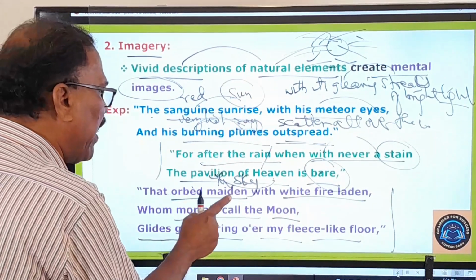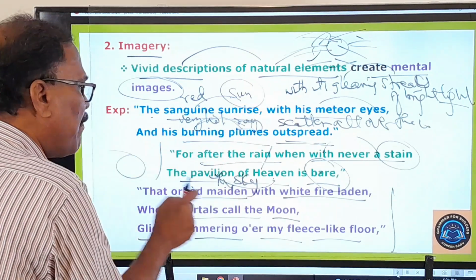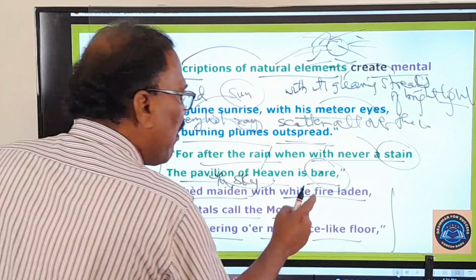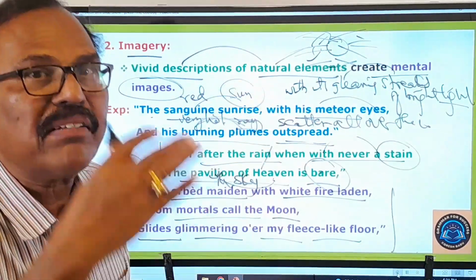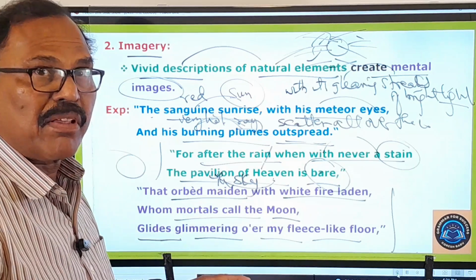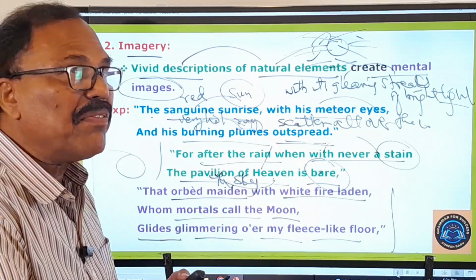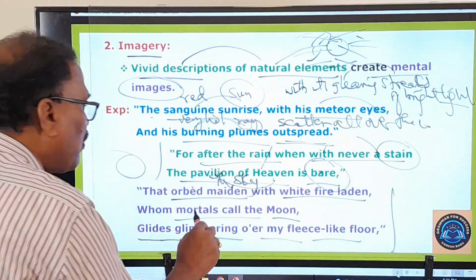Orbed means circular, okay. Maiden means woman. With white fire laden means filled with what? Bright white light. This circular woman filled with white bright light, whom mortals call moon.